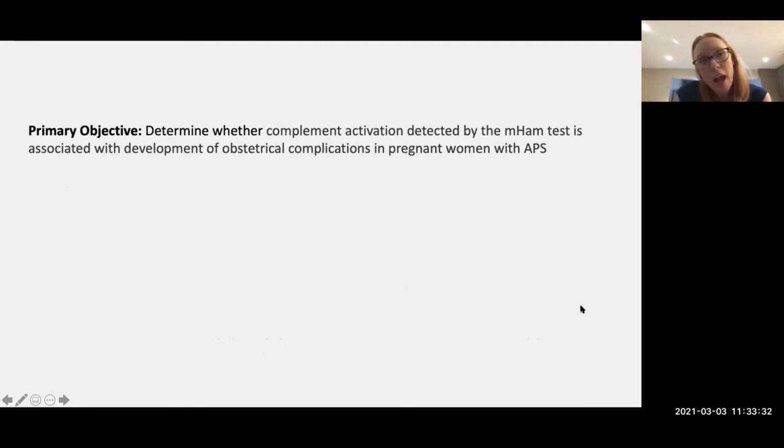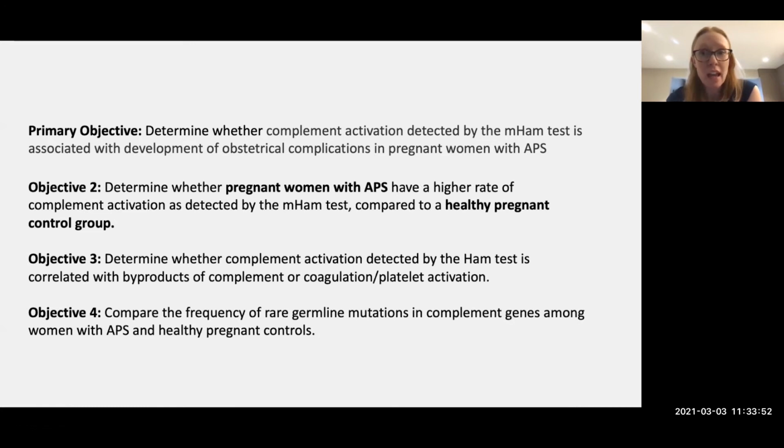Our primary objective is to see if this complement activation, as detected by the modified HAM test, is associated with development of those placenta-mediated pregnancy complications, the composite outcome of a few different ones, including HELLP syndrome and CAPS. And then comparing how the modified HAM tests of pregnant women with APS compare to a healthy pregnant control group.